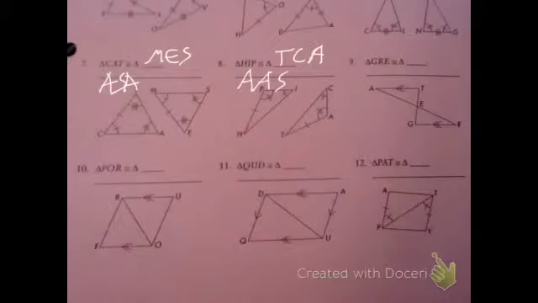On 9, we know that these two angles match up, and this is actually a little bit tricky. The little arrows here mean that these lines are parallel, and when you cut across with these transversals, those transversals actually bisect each other. So we have a few extra markings here.